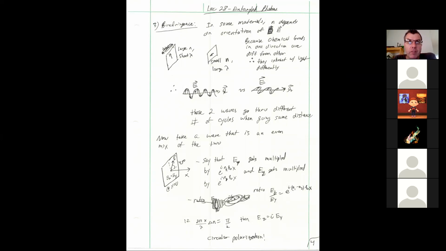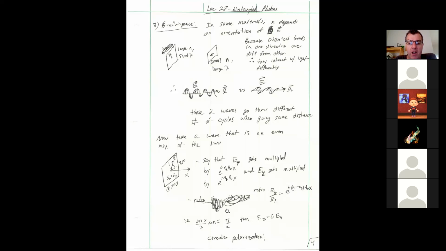But you know, we're multiplying by k naught, which is huge. k naught is 2 pi over the wavelength, so it's 2 pi over a tiny number. So if I take 2 pi over a tiny number, multiply by a tiny number, I might get something intermediate, which I then multiply by x.